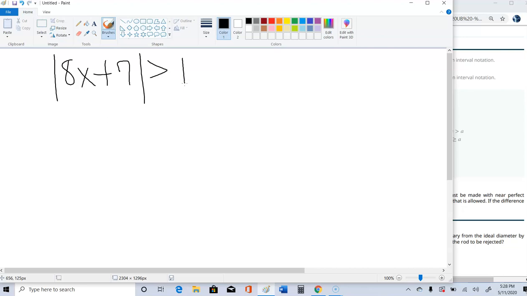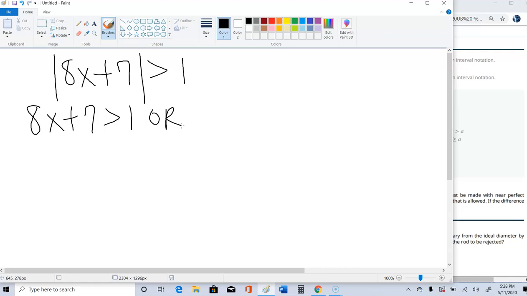Use the rule that I showed you from the OpenStax book. Our first inequality is what we're given without the absolute value symbol. So we have 8x plus 7 is greater than 1. You must include the keyword "or" because that helps you put your answer in the correct interval notation.